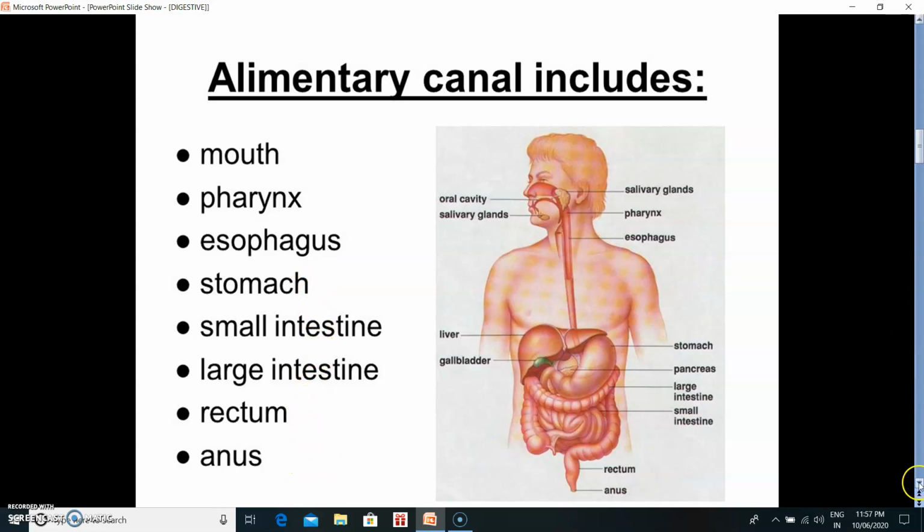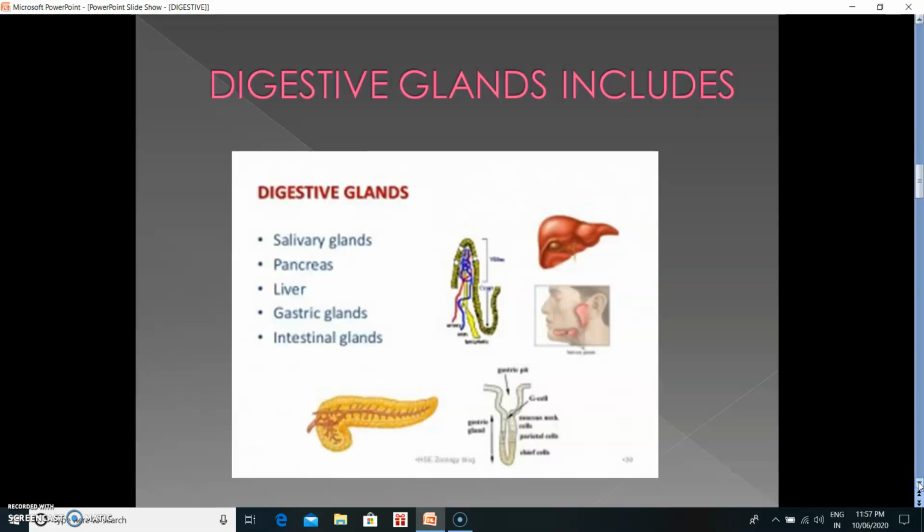These are the parts of the alimentary canal in your digestive system. Then we'll talk about the second half, that is the digestive gland. The digestive glands are an extension of the alimentary canal and include salivary glands, pancreas, liver, gastric glands and intestinal glands.